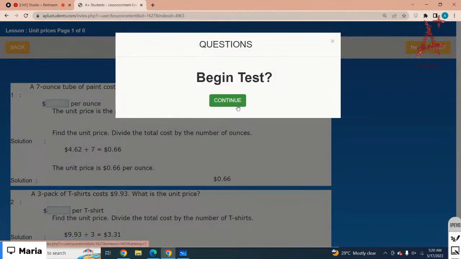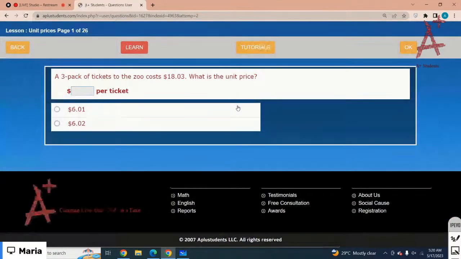Let's just start with the test questions. Okay, a 3-pack of tickets to the zoo costs 18.03. What is the unit price? So you have 3 tickets and the 3 tickets cost 18.03. You need to check the value of just one ticket. So what you have to do is simply divide the cost by 3.